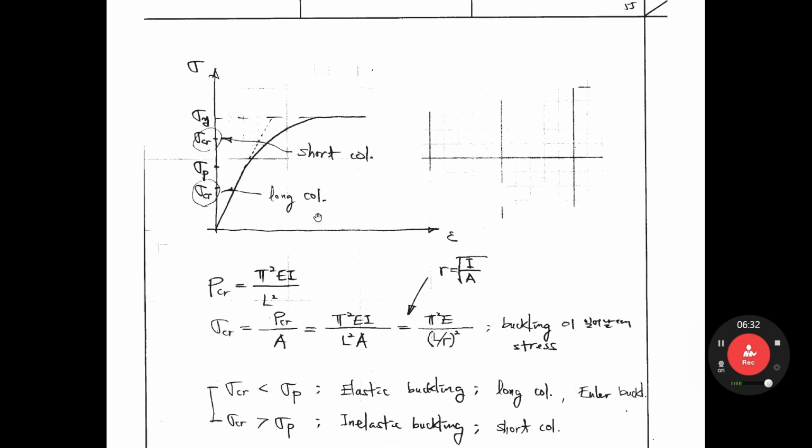So let's look at this. If the long column sustains only a very small loading, the stress is also small. In the case of a long column, when the stress is, let's say, this sigma CR, the column buckles. But if we consider the short column, this column can sustain somewhat larger loading, so the stress of this short column is somewhat bigger than in the long column case. So the short column buckles somewhere here. As you see here, part of the section is already yielding.